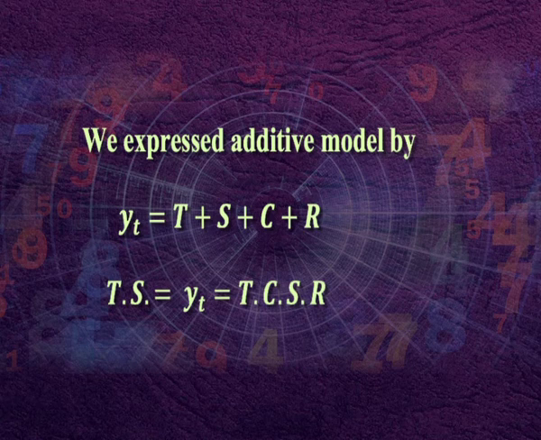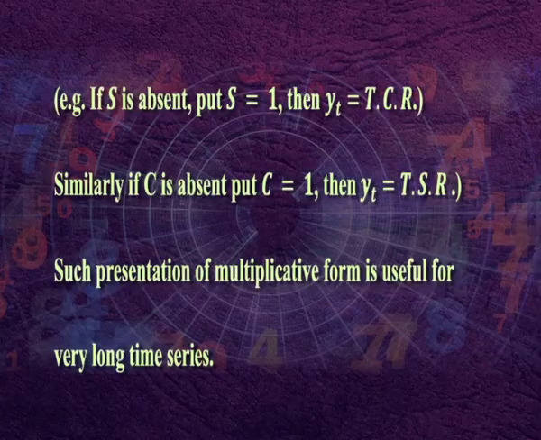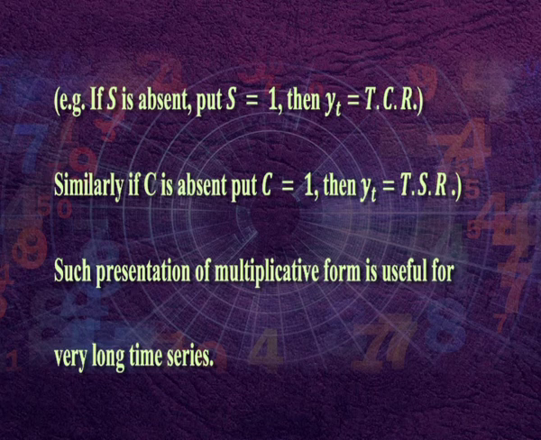If we include all the 4 above components, then the multiplicative model can be written as yt equal to t multiplied by c multiplied by s multiplied by r. A speciality of this model is that if a component is not present, we take it as 1. For example, if s is absent, put s equal to 1, then yt equal to tcr. Similarly, if c is absent, put c equal to 1, then yt equal to tsr.